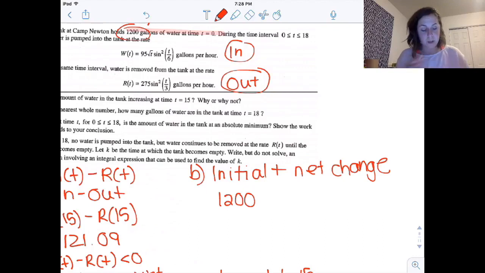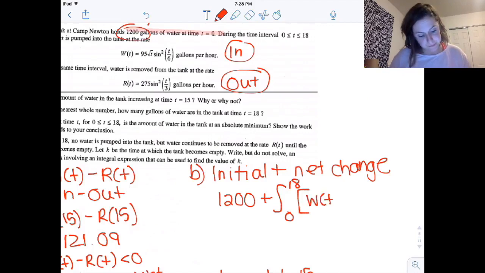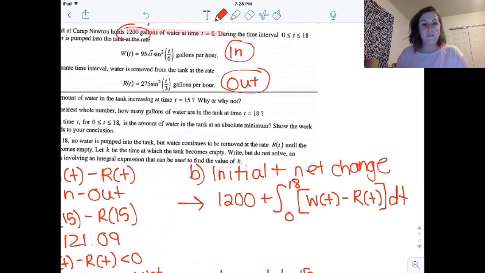My net change is going to be an integral from 0 to 18 of the amount coming in minus the amount going out. The amount coming in is W of t and the amount going out is R of t, dt.